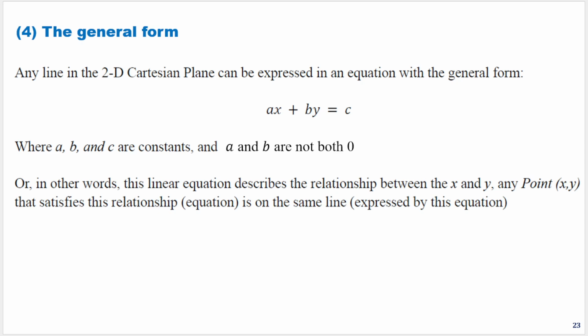Any point (x, y) that satisfies this relationship or equation is on the same line, which is expressed by this equation. This is called the general form of a line. All right, any questions?